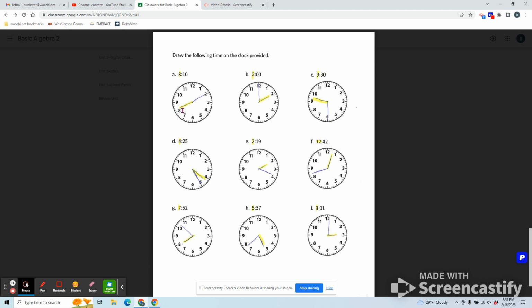So my hour hand should start moving as well closer to 9. Now it shouldn't be all the way at 9. It should be pretty close to the 8 because the hour just started. So 8:10. 2 o'clock.